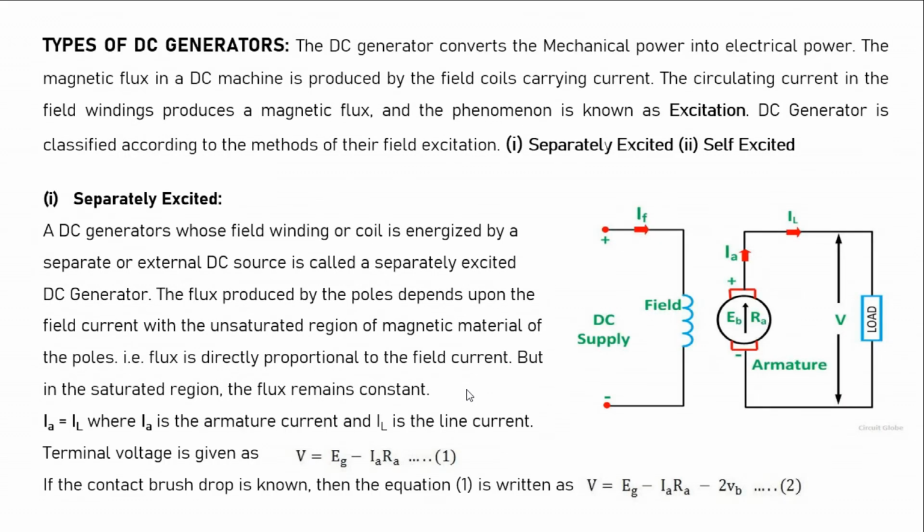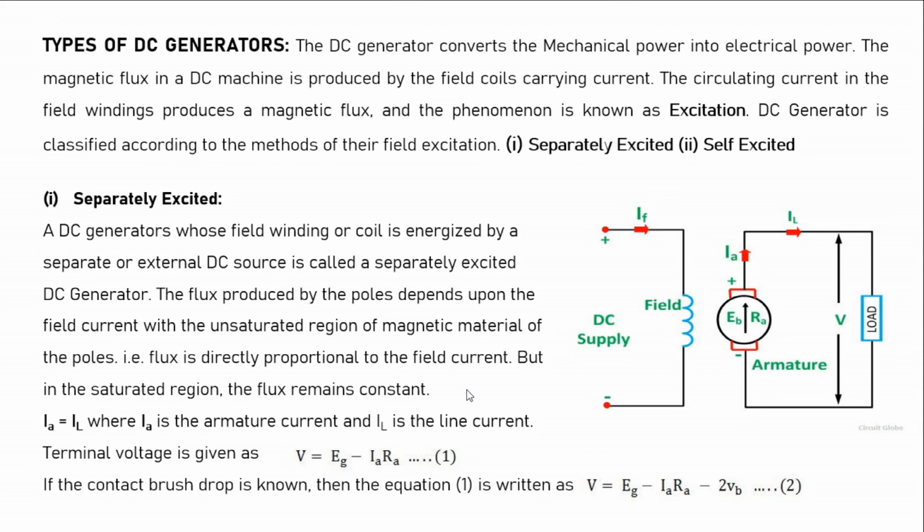Next, types of DC generators. The DC generator converts mechanical power into electrical power. The magnetic flux in the DC machine is produced by the field coils carrying current. That already came across, that field windings are wound on the poles. When current starts flowing in the field winding, it produces a flux which magnetizes the poles.